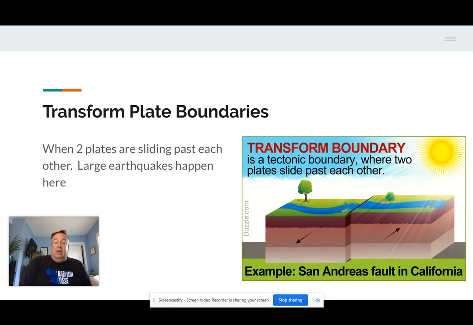Okay, so this is going to be like the San Andreas Fault in California. All right, very, very large earthquakes.